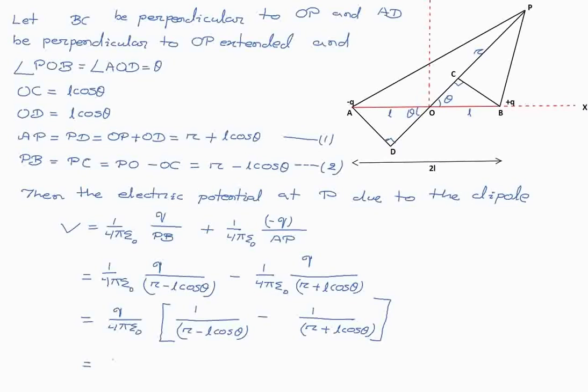This can be written as q by 4 pi epsilon naught into r plus L cos theta minus r minus L cos theta, divided by r minus L cos theta into r plus L cos theta.